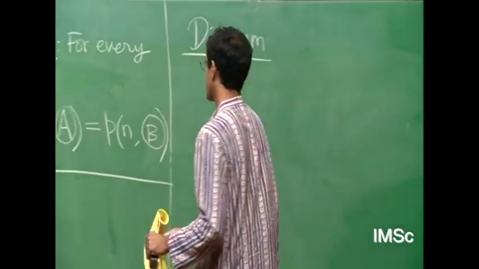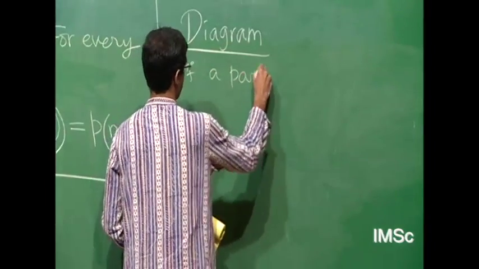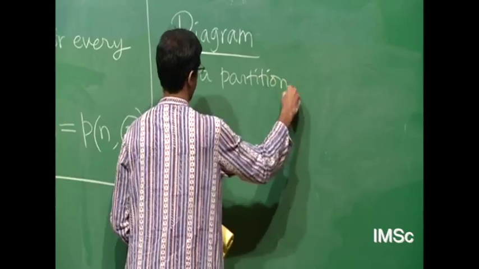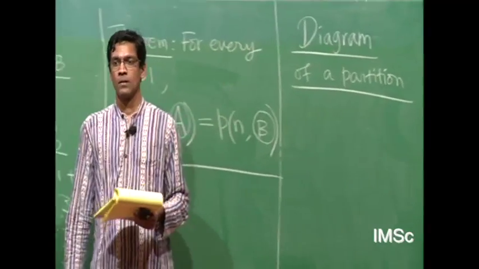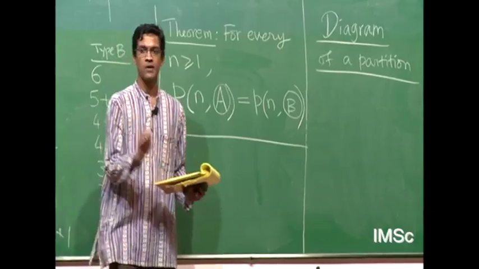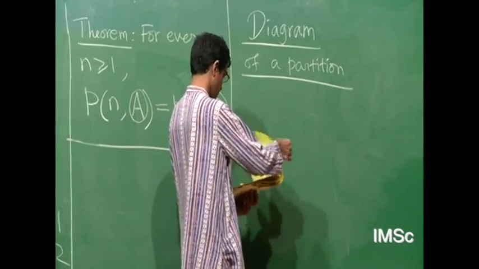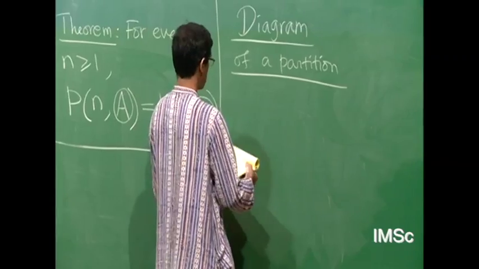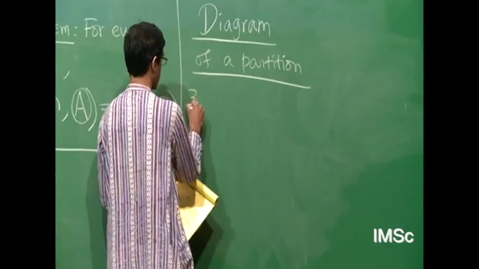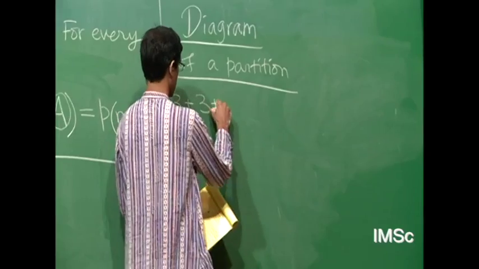Okay, so I'll call something a diagram of a partition. Again, there's no sense in formally defining it. We'll just do it by example, and it'll become absolutely clear what it means. Let me draw the diagram of the partition 3 plus 3 plus 2 plus 2 plus 1.